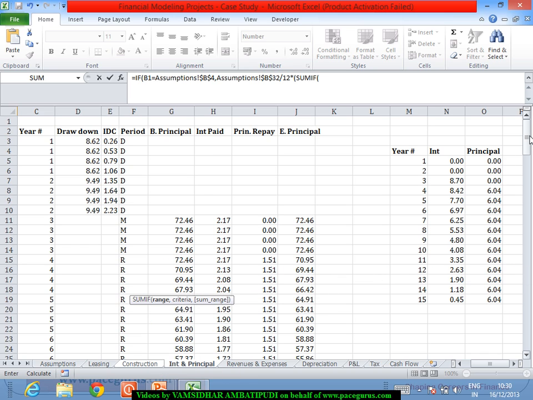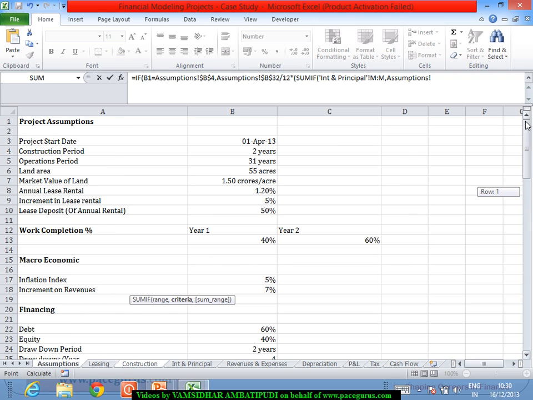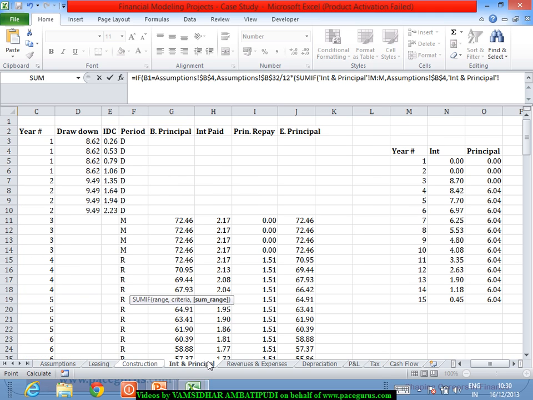SUMIF in this particular period is equal to the construction period, in this particular period equal to the construction period, add up the interest part, right?